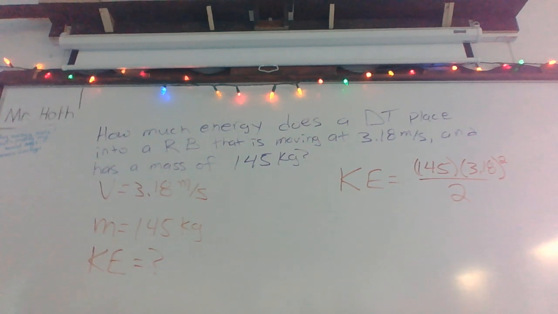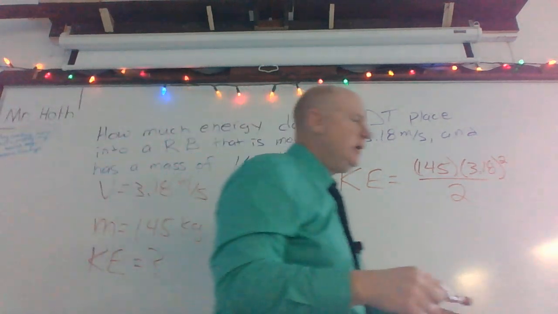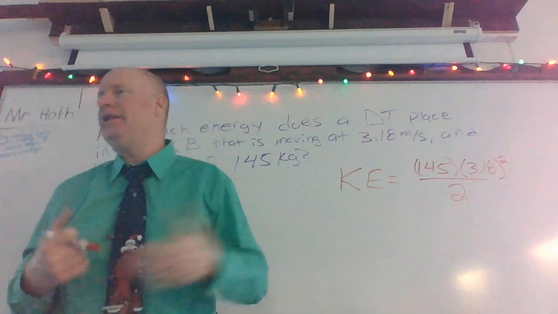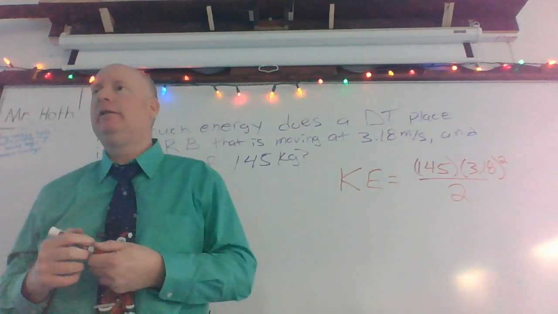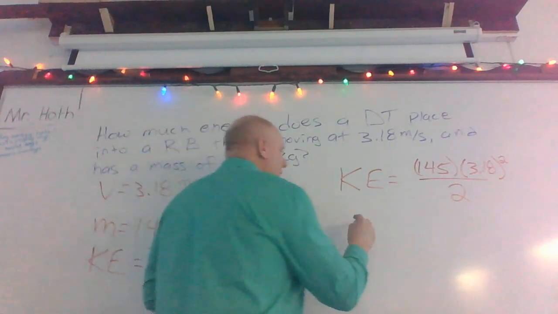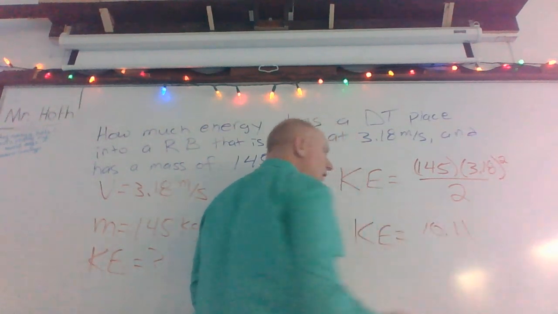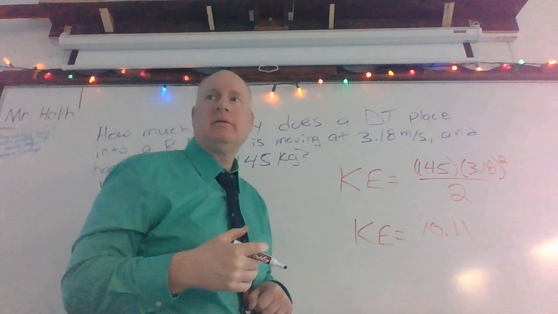But when we say double it, we're just taking it times what? Yeah, we're taking it times itself. Don't add it. Those are obviously 2 different functions. So when you take 3.18 times 3.18, we get what? And times 145, sorry. Okay, E equals 10.11. Is that correct?